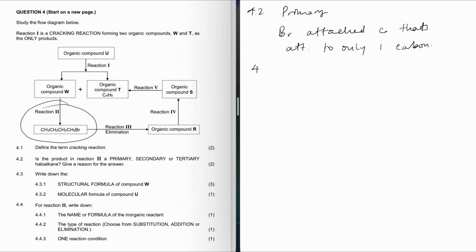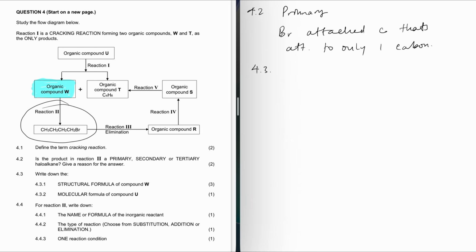Okay, question 4.3. Write down the structural formula of compound W. Now, compound W is going to be this organic compound. To figure this out, first we need to figure out whether it's going to be an alkane or an alkene. So the trick here is to look at the products of the cracking reaction.